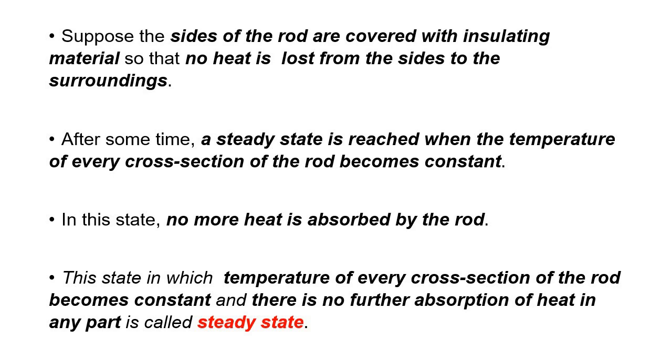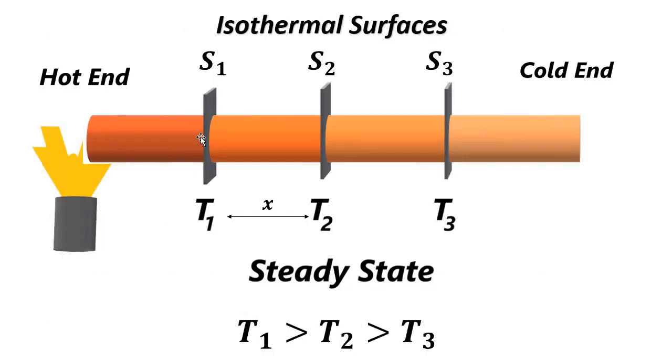And after some period of time, a state is reached when the temperature of each and every cross section of the rod becomes constant. Okay, the temperature of each and every cross section of the rod becomes constant. So this is called the steady state. Okay, this is called steady state.